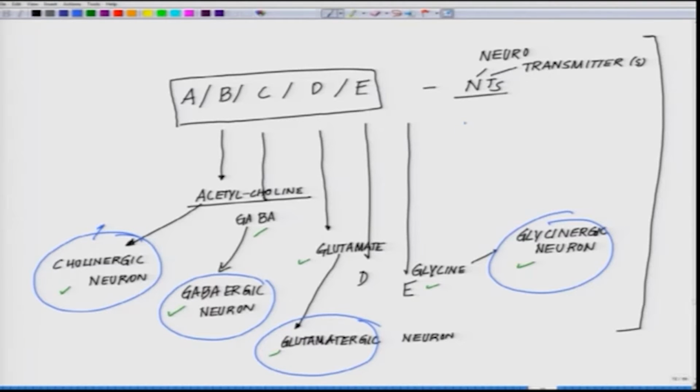Similarly, you have serotoninergic neuron which secretes serotonin, dopaminergic neuron which secretes dopamine.